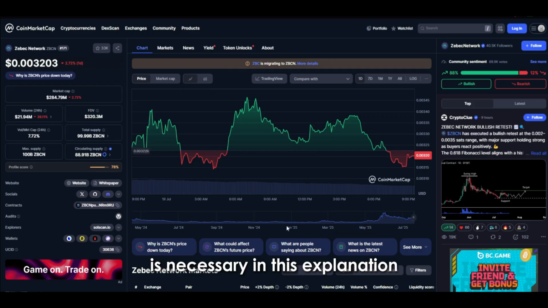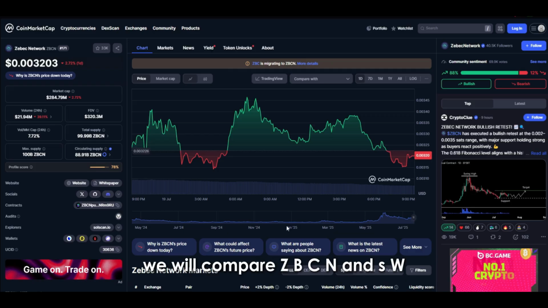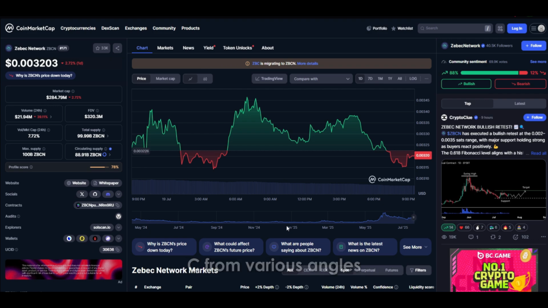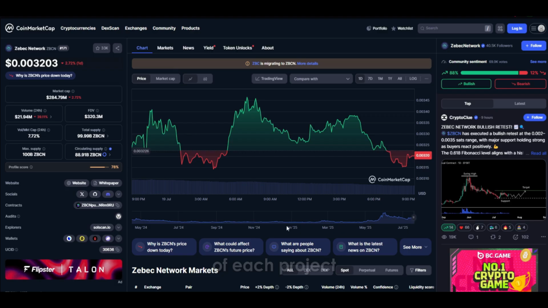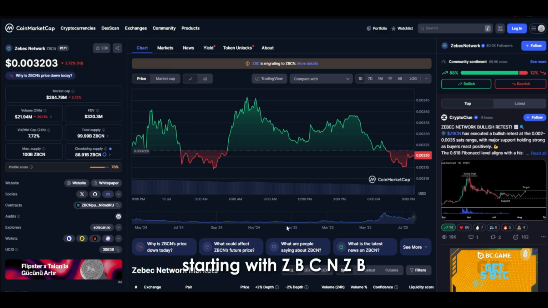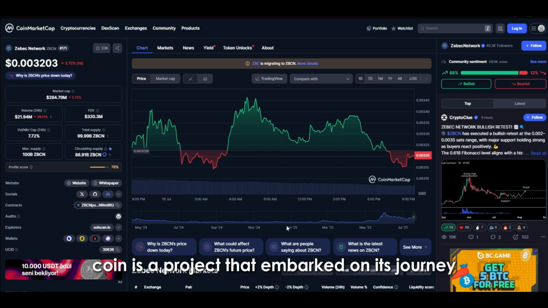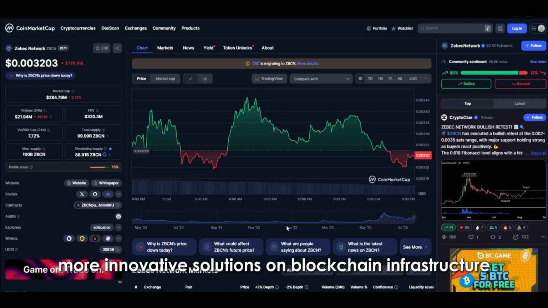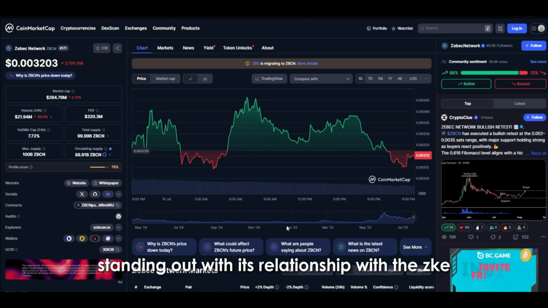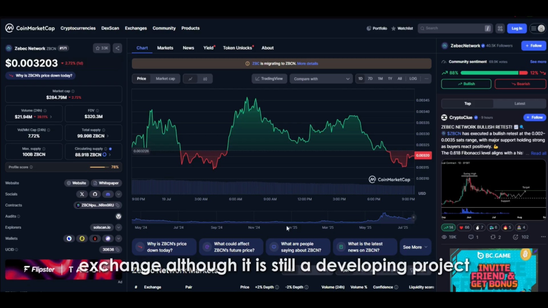In this explanation, we will compare Zbcn and SwftC from various angles and evaluate the strengths and weaknesses of each project. Starting with Zbcn. Zbcn Coin is a project that embarked on its journey with the vision of developing more innovative solutions on blockchain infrastructure, particularly standing out with its relationship with the ZKE exchange.